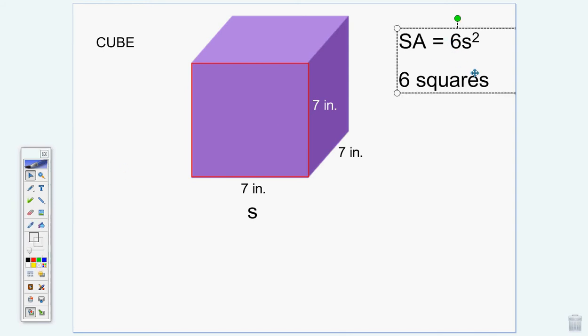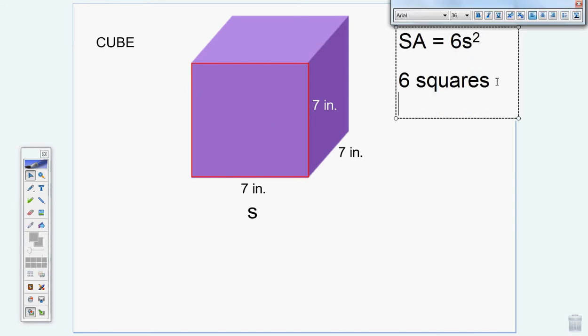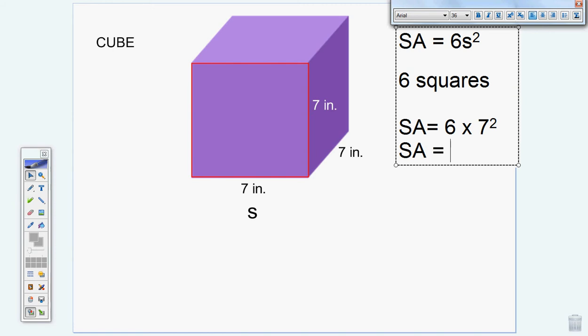So here now, if I go ahead and just hit return, my surface area is going to be 6 times 7 times 7, or 7 squared, and then that's going to be surface area equals 6 times 49, which equals 294, I believe, inches squared.